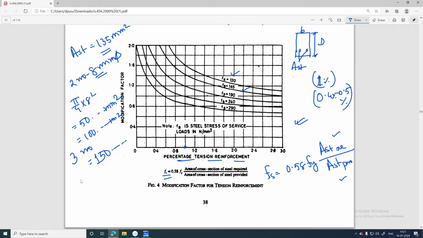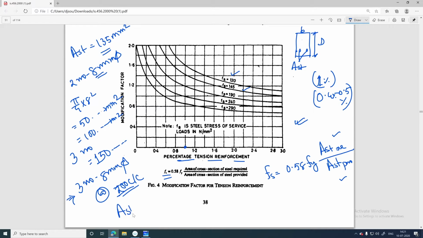So in this way you will provide the AST required, that means 3 numbers of 8 mm dia bars at, suppose, 200 center to center distance. This I will come to later on. So in this way we will provide.